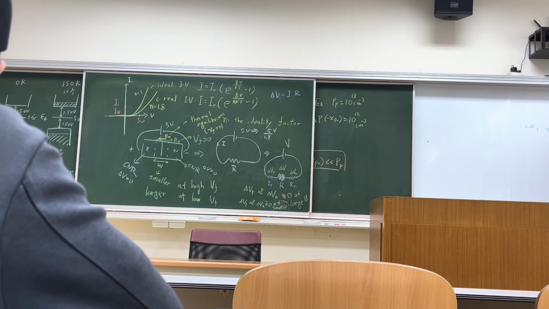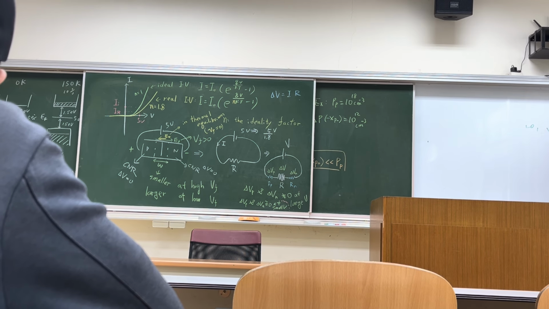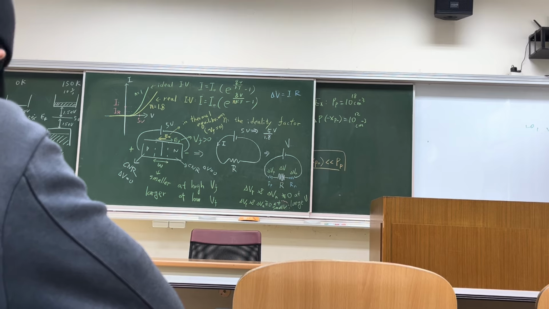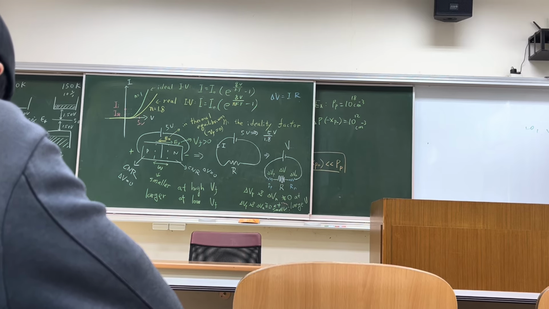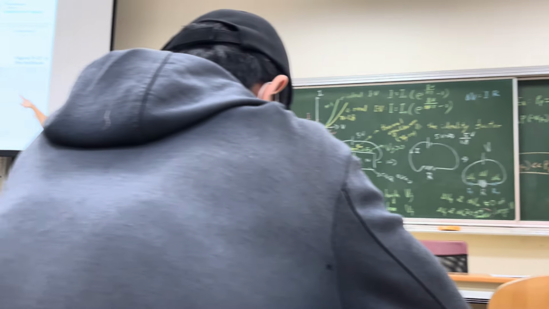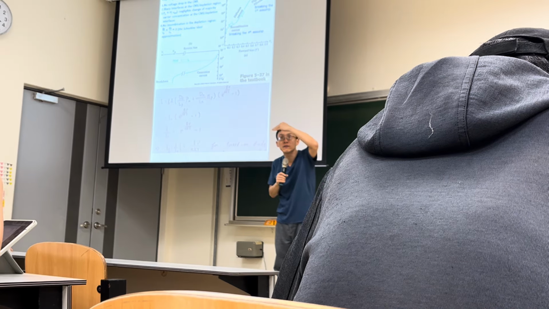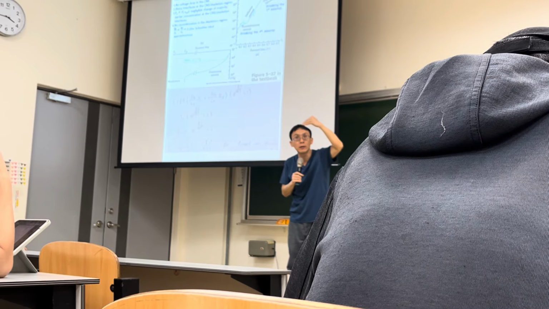And now we look at the reverse bias, which is the case where V becomes less than 0. You also have non-ideal results, which is the blue line. The dashed line is the ideal case where you have a very small reverse current.